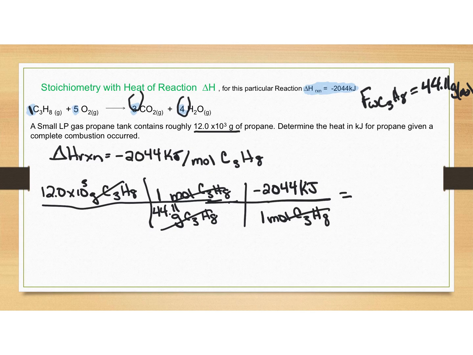And I get 557,327.88. I have 3 significant digits, so my answer is going to be 5.57 times 10 to the 5th kilojoules.